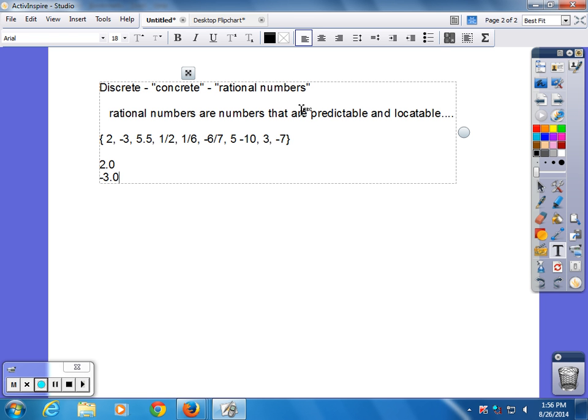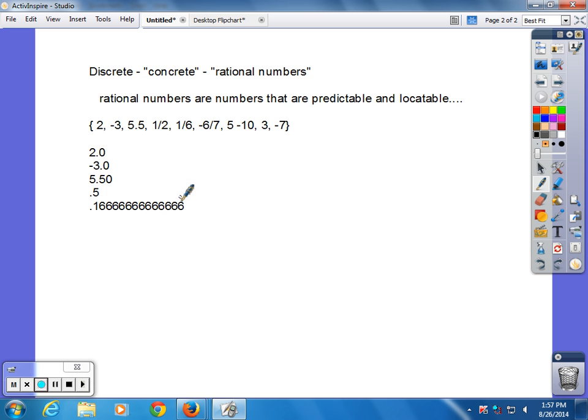It's very predictable. It's very locatable on the number line. How about 5.5? Is there anything behind that 5? Yes, what? 0. 1/2? Same thing, 0.5. Oh, well, 1/6 ain't. Yeah, it is. 0.1 what? And what's over that last 6? And what does that mean? It repeats.